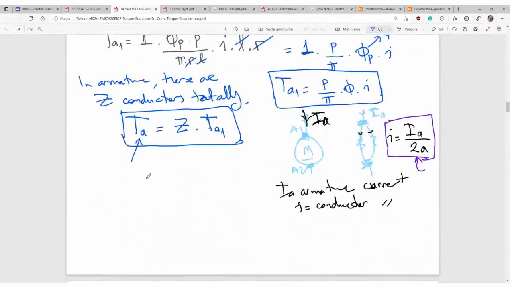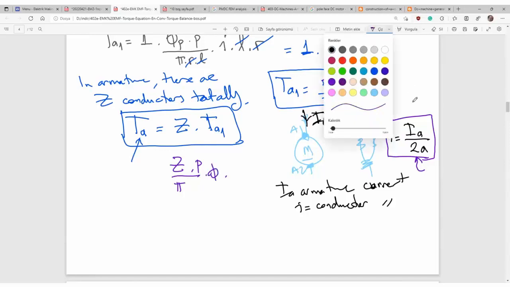So let's substitute Z times the number of pole pairs over pi, times flux, and substitute current.